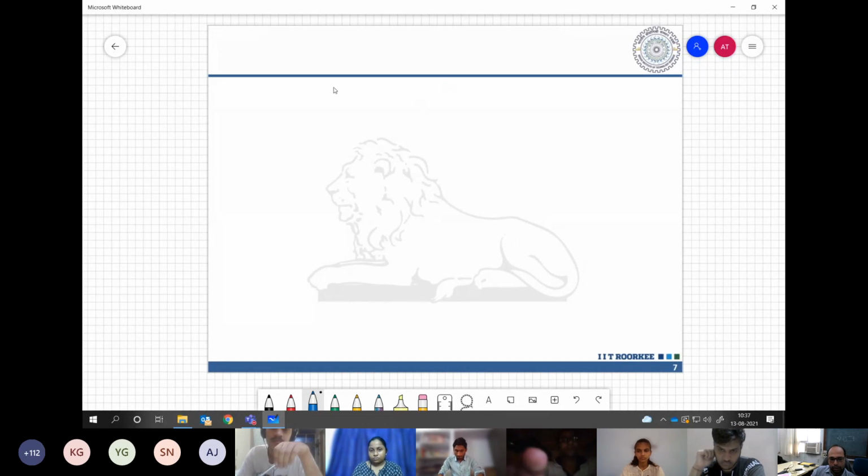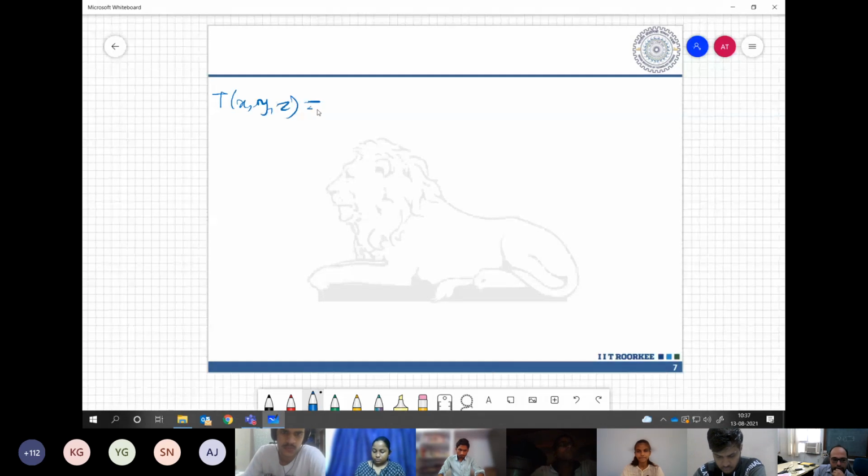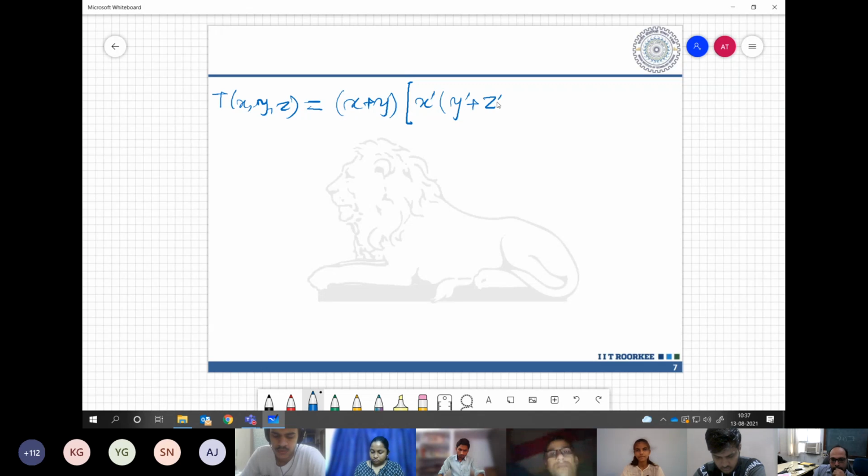Three variable system, let us say if I give you f(x, y, z) equal to x plus y, x prime, then y prime z prime is total, then x prime y prime plus z prime. Now can you simplify this using the rules which I have told previously?